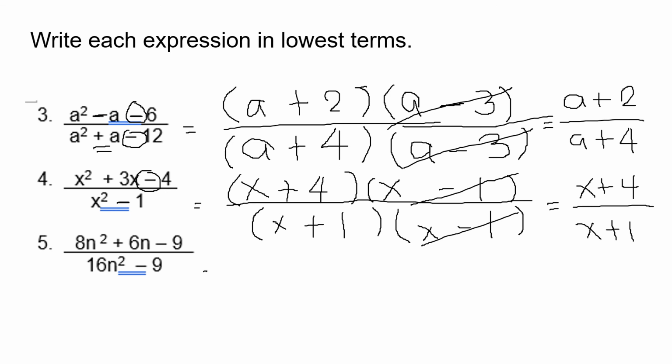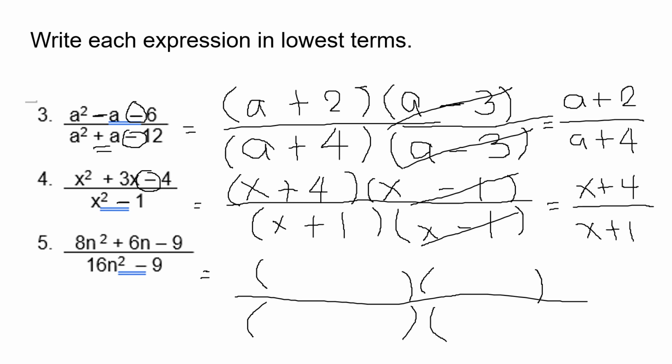Okay? Next. Gawa ulit tayo ng open and close parenthesis. Yan. So, this time, yung ating first term is not equal to 1. Yung numerical coefficient ng n squared ay hindi 1. So, after na open and close parenthesis.